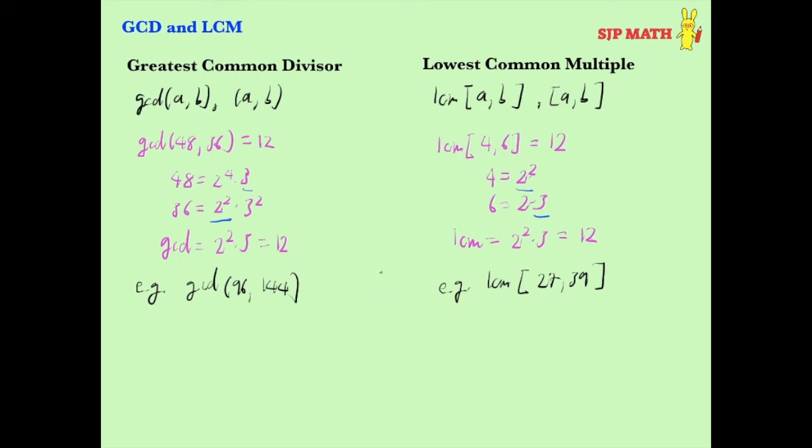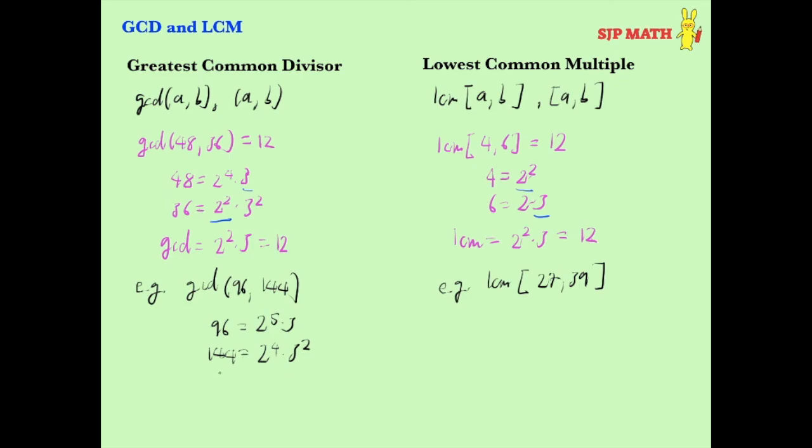And so the answers are, for the first, we prime factorize 96 and 144. If we do that, we get 96 equals 2 to the 5 times 3, and 144 equals 2 to the 4 times 3 squared.